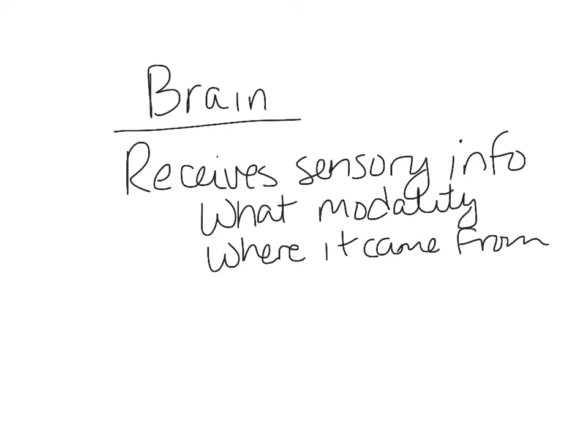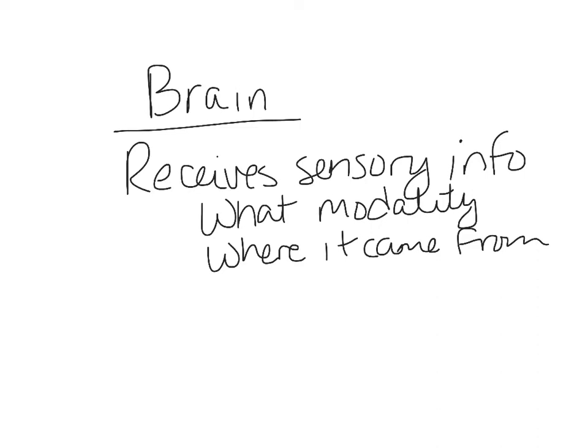So that interpretation center, or that association area, is going to help to really interpret what that all was. And then that information will get sent to those integrative centers and Wernicke's, and that area will decide, okay, now I know what's going on, now I have to come up with a plan, and let's send out a command, right?